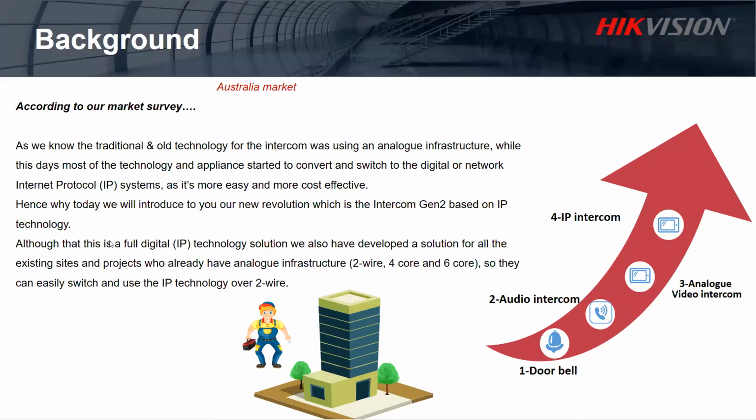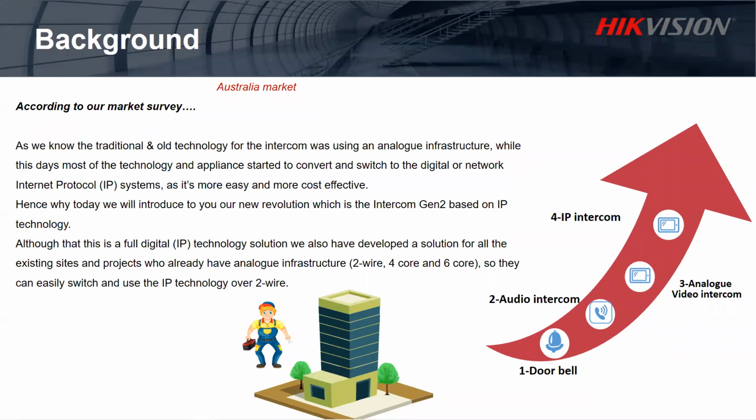So let's have a quick look at the background of the Intercom. According to our marketing survey, we found that the traditional and old technology for the Intercom was using an analog infrastructure, while these days most of the technology and appliances are starting to switch to digital or network Internet Protocol, which is the IP systems, as it's easier to run the cables and more cost effective.